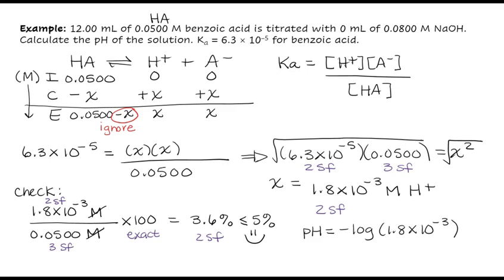So in this case, we have 2 sig figs in our log term, and when we do the math, that's going to give us 2 decimal places in our final result. So taking the negative log of 1.8 times 10 to the negative 3, rounded to 2 decimal places, gives us a pH of 2.74.